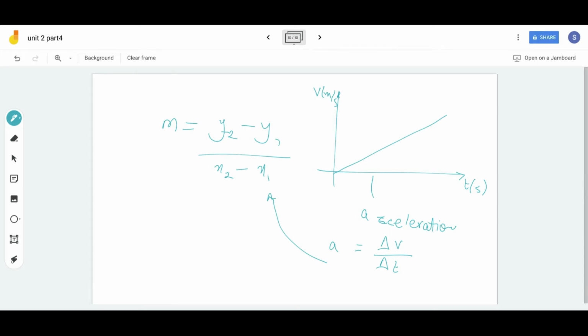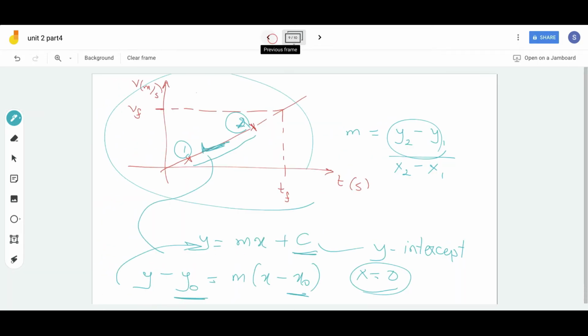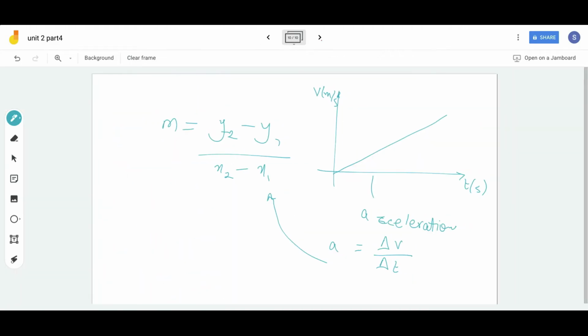Now, using the tools that we've done in our last slide, so the equation finding tools, what you can do then is, let's say that we've got our final velocity minus our initial velocity is equal to A, times our x-axis coordinates, so tf minus ti.